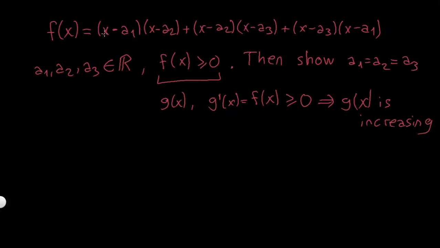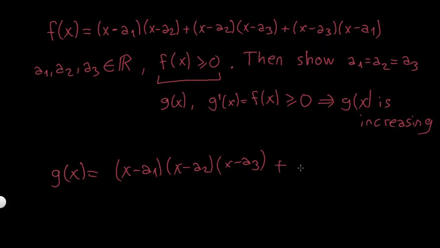So as I said in the beginning, f(x) is symmetric, and it's not so hard to see that if we pick g(x) being equal to (x minus a1)(x minus a2)(x minus a3), then if I take the derivative of this, I will get this f(x).